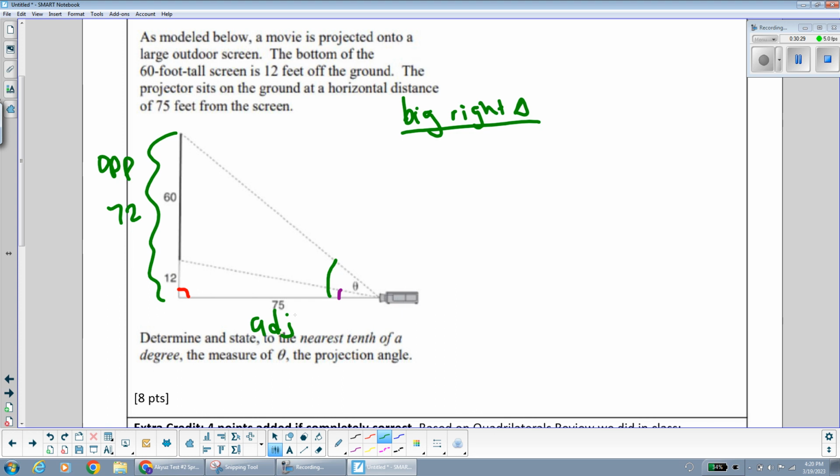So opposite over adjacent, that would be tangent. So I'm going to set up a tangent ratio, and I'll call this angle x that I'm looking for. Tangent of angle x is equal to opposite over adjacent. Remember, when we're solving for an angle, we can't just cross multiply. We have to get this angle out from being trapped inside tangent. So we're going to use inverse in order to untrap that angle.